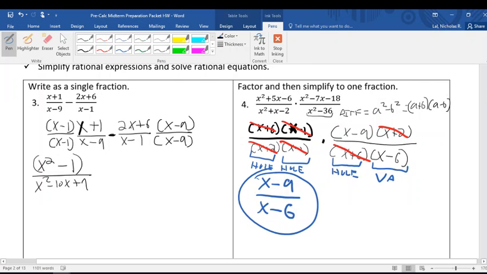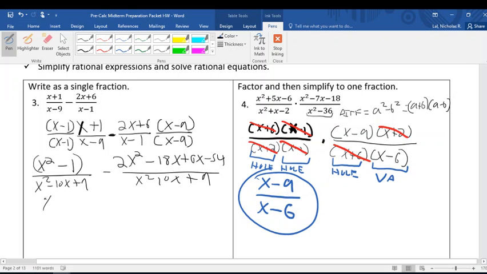That's x squared minus 1, minus (2x plus 6)(x minus 9), which is going to be 2x squared minus 18x plus 6x minus 54, also over the same thing, x squared minus 10x plus 9. So negative 18x plus 6x, that's going to be minus 12x, so that we ultimately will have, now you have a common denominator, you can subtract the terms.